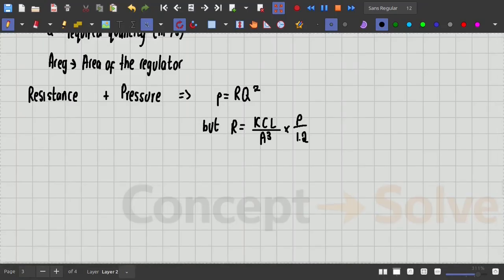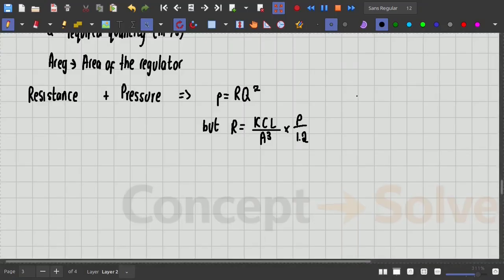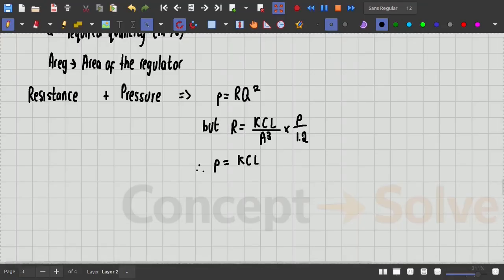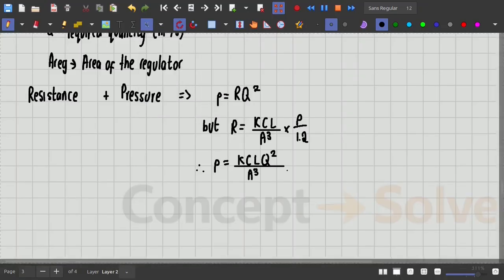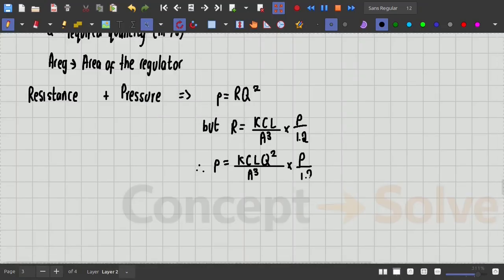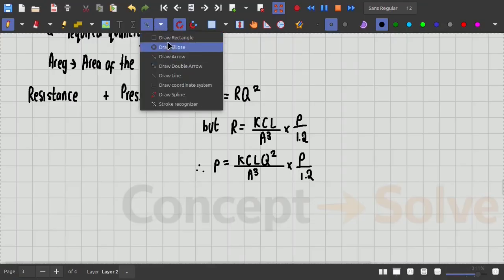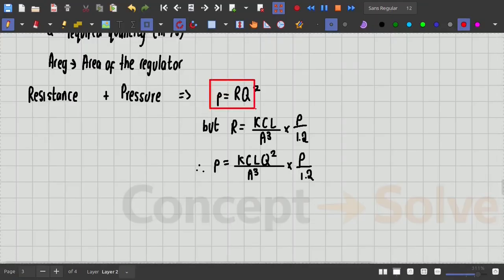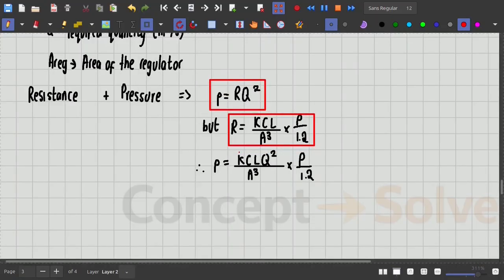So when we substitute this into P equals R Q squared, we establish a separate formula for the calculation of pressure as P equals K C L Q squared over A to the power 3 times rho over 1.2. These are the formulas we need to understand to deal with regulators.